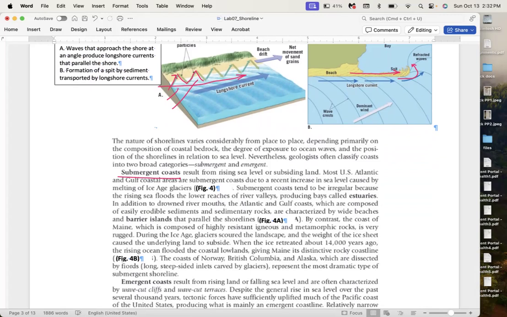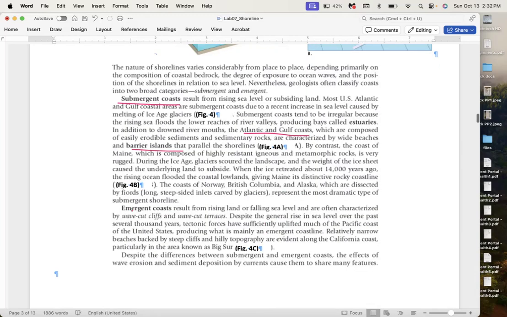This is also the East Coast and the Atlantic coast, Gulf Coast. And there we have the barrier islands and a number of other features. There's emergent coasts. These would be the tectonically active ones. And they produce wave-cut cliffs and wave-cut terrace because the wave action is the most important.